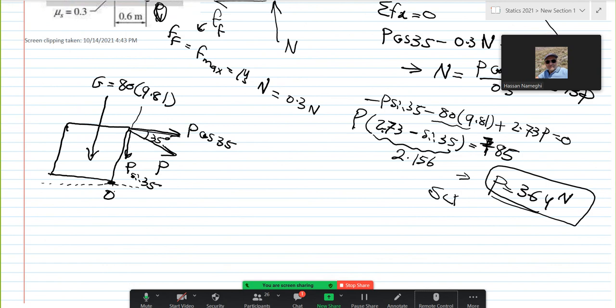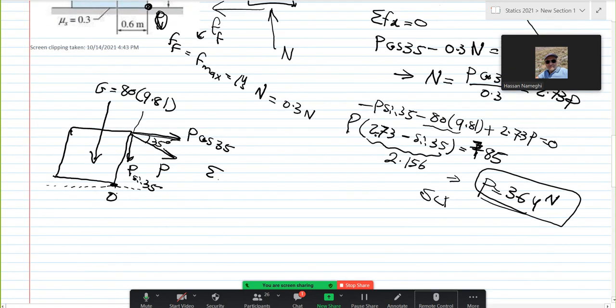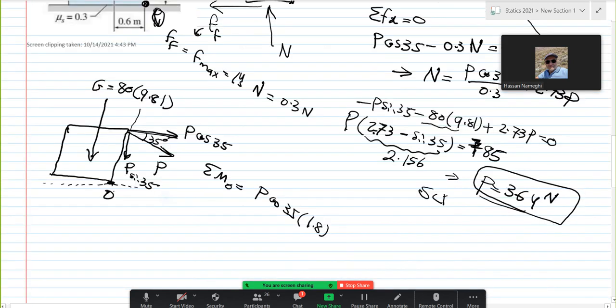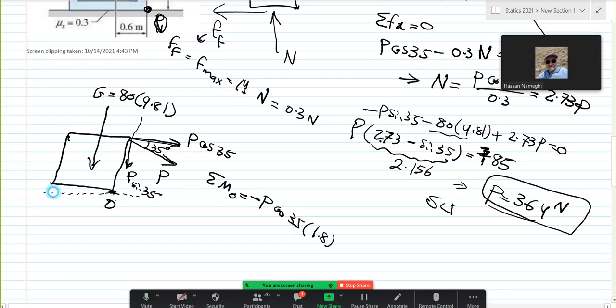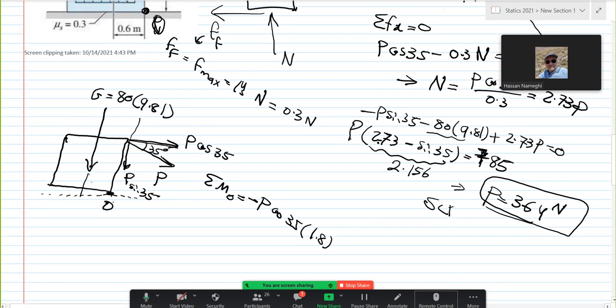So I'm going to do sum of moment about O is equal to P cosine 35, the distance for that is 1.8. This is going to go clockwise based on my diagram. The second force is the weight, which is counterclockwise, and the distance there is 0.6.